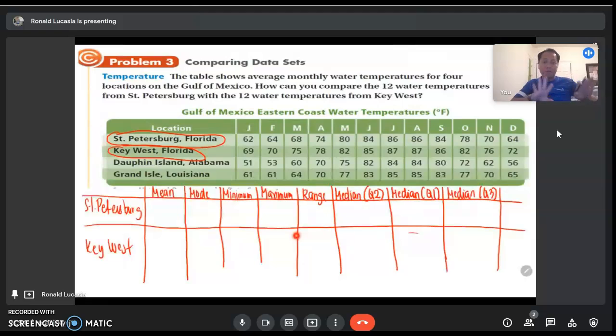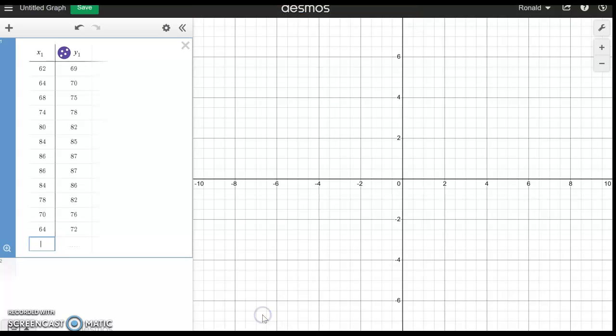Okay, we have to be very patient because we need to get so many data from this problem, but luckily we can maximize the use of Desmos Scientific Calculator. So I already input some of the data here in Desmos. X there is the St. Petersburg's, while Y is our Key West.